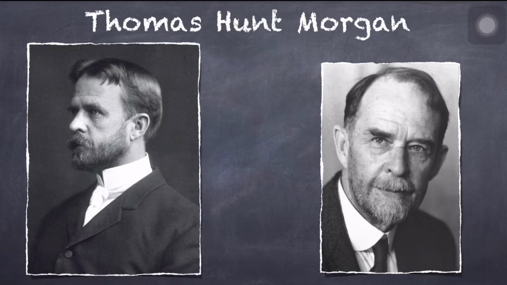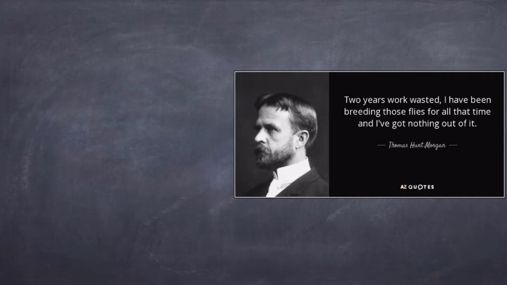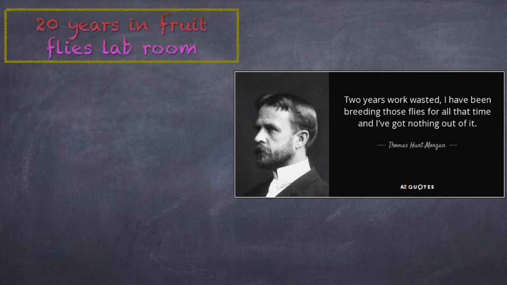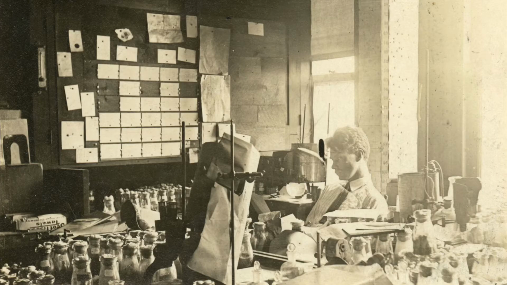Okay, so in this slide, these are the pictures of Thomas Hunt Morgan. Thomas Hunt Morgan was actually a geneticist. He spent half of his life in the fruit fly room, approximately 20 years, at Columbia University. And in that room, there were bottles full of Drosophila, basically fruit flies.